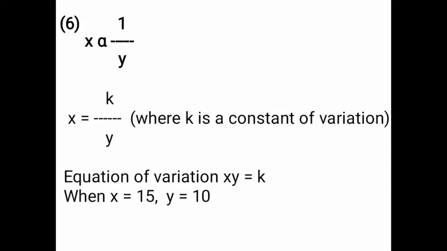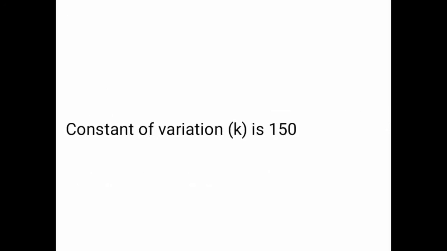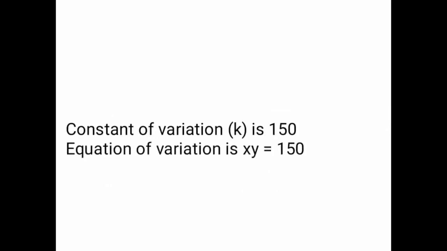Substitute these values into the equation of variation you wrote. That is 15 into 10 is equal to k. Multiply 15 into 10, the answer is 150. Therefore k is equal to 150. The constant of variation k is 150, and the equation of variation is xy is equal to 150.